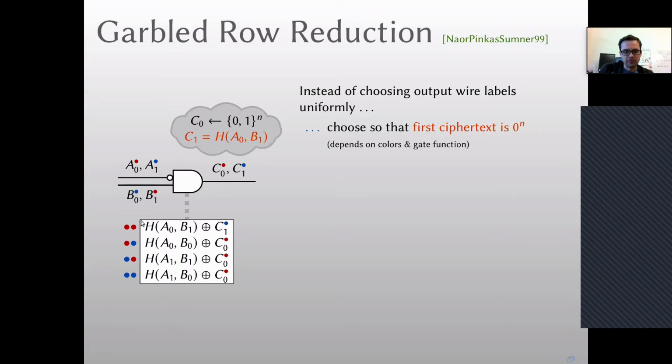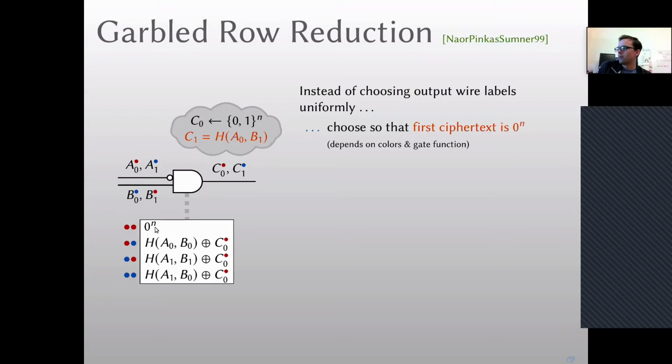And to make the first ciphertext 0, I either choose C0 in a certain way or C1 in a certain way, right? And so that depends on the specifics of the truth table and these color bits. Okay, so now I've done that. I chose C1 in this way instead of choosing it uniformly at random. And now this first ciphertext is all zeros, okay?